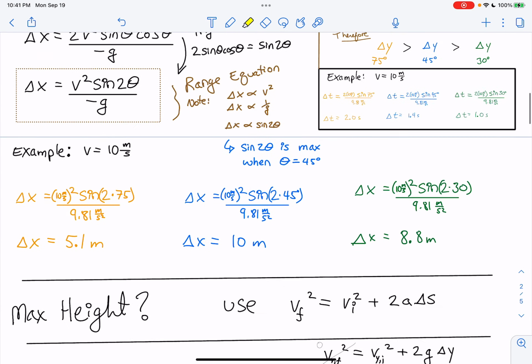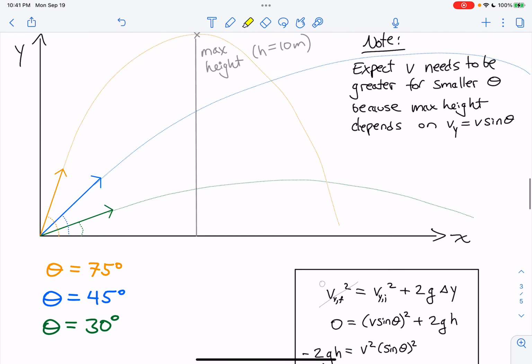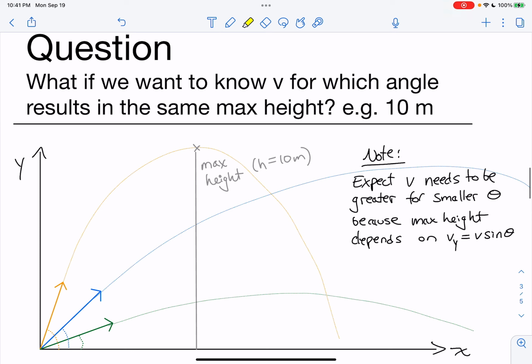And we saw that working through all of these examples and this detail and this really interesting, informative question where we work out, well, what kind of velocity do we need to reach the same height at these different angles? Well, we may need different velocities, but that's because ultimately what we need is the same y component of the velocity.